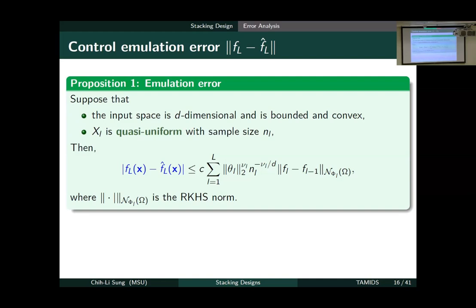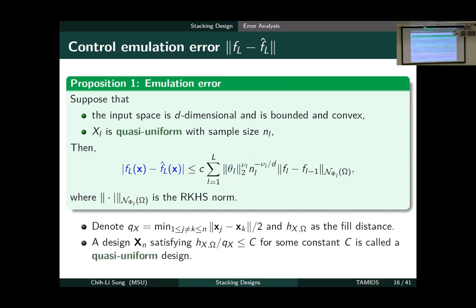You can imagine this constant uniform is just some space-filling design. We have this sample size N. And we have this nice result where this norm is the native RKHS norm. You can see that the bound also depends on this smoothness and the scale parameter. I have the definition of constant uniform design, but you can just imagine it is a space-filling design.